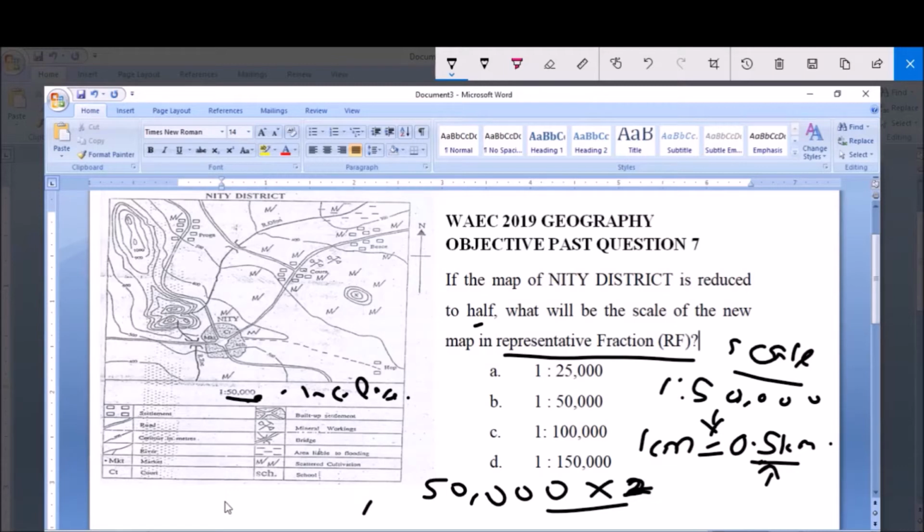So it's the same thing. When you do that, you have 100,000. So when you reduce the scale by half, the new scale will be 1 is to 100,000, and 1 is to 100,000 is C, which is the correct answer.